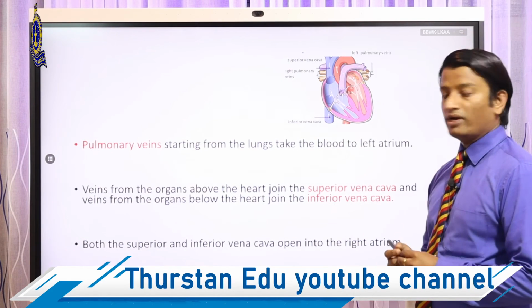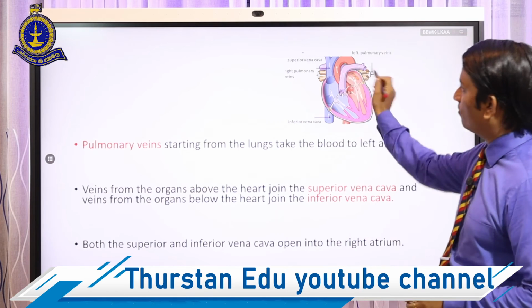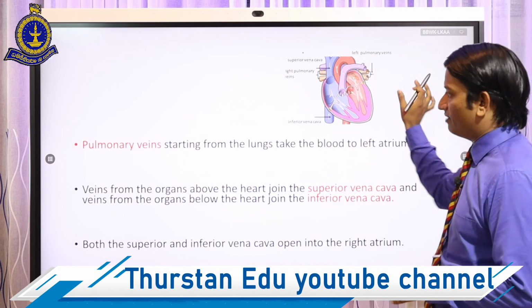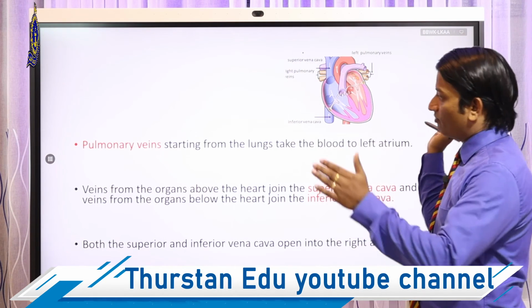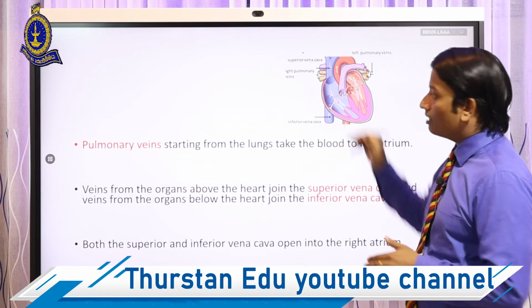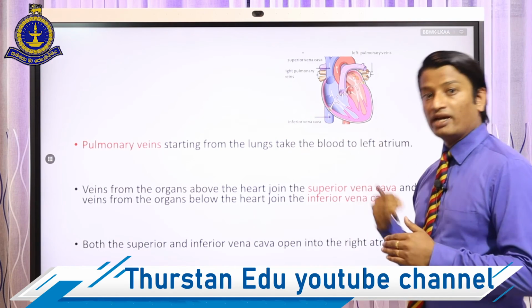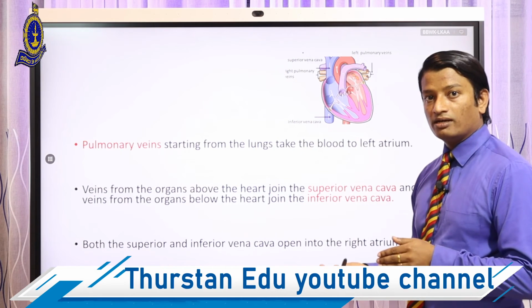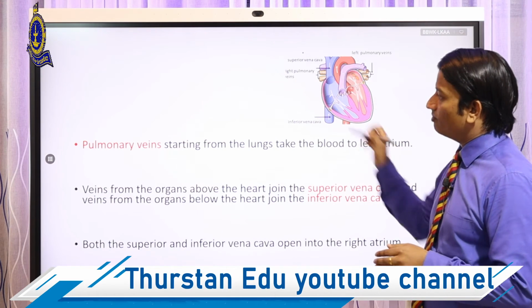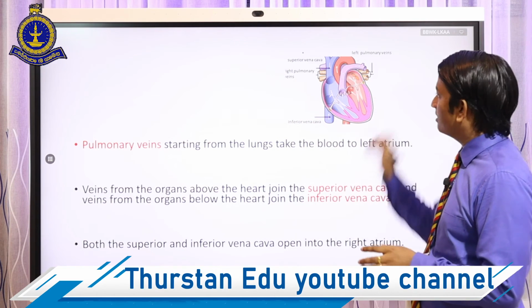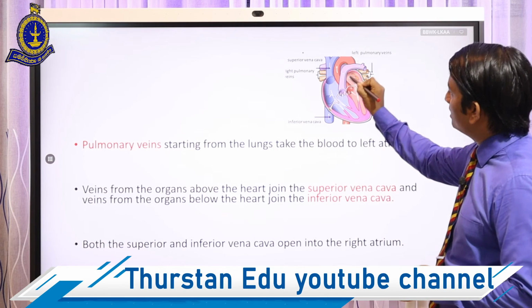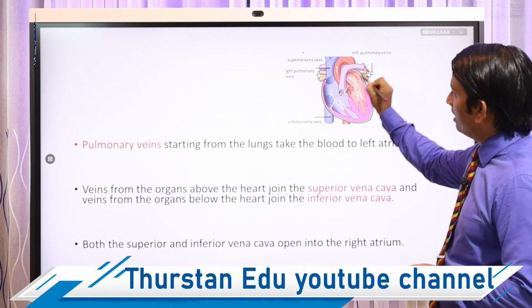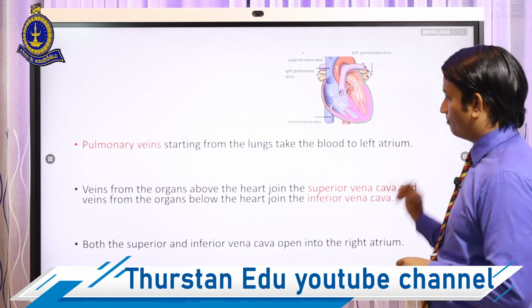Pulmonary veins. We studied there are 4 pulmonary veins, 2 from the left and 2 from the right, coming from the lungs and carrying oxygenated blood. Oxygenated blood is taken through these pulmonary veins and collected in this chamber, called the left atrium.